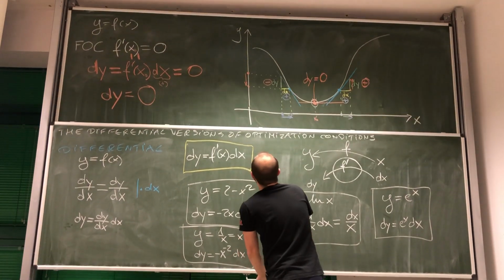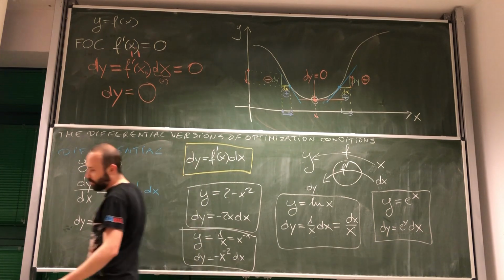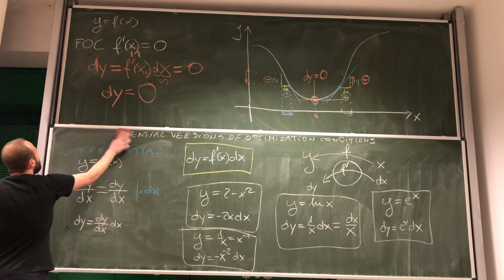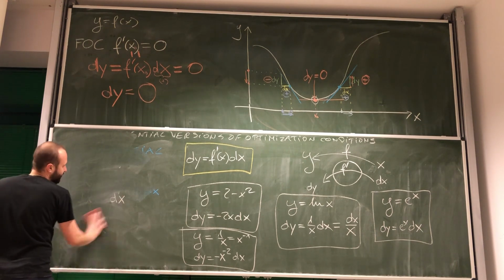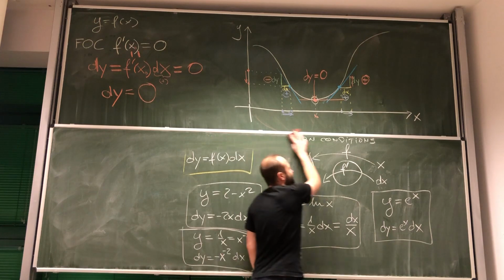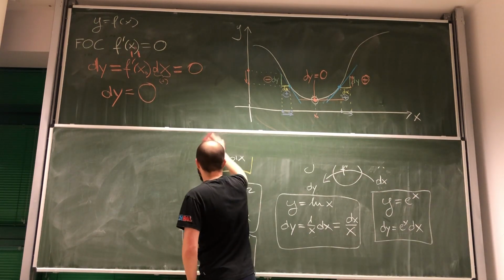Okay, but look, again, this is the first order condition, and at this point we cannot say whether this is a maximum, a minimum, or even an inflection point. But, of course, for that, we need to use second order condition.